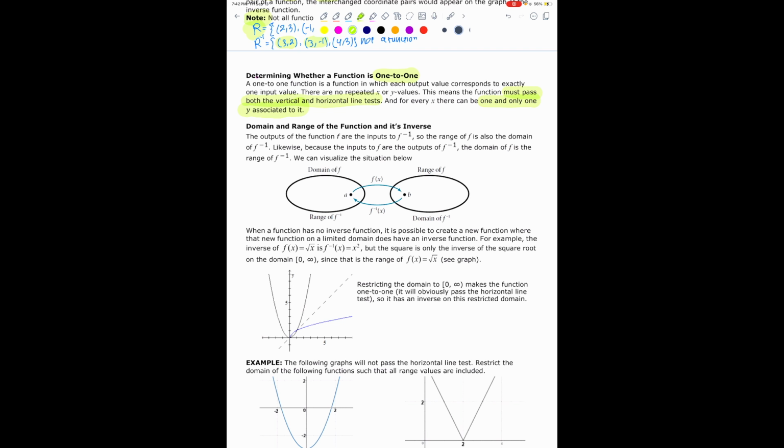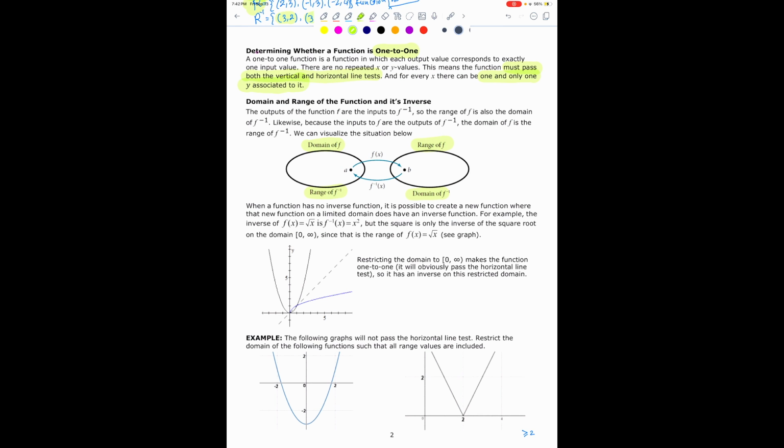Likewise, because the inputs of f are the outputs of f inverse, the domain of f is the range of f inverse, and we can visualize it with the situation below. The domain of f is the range of f inverse, and the range of f is the domain of f inverse, because when we find the inverse of the function, we're basically interchanging x and y. So x becomes y and y becomes x.